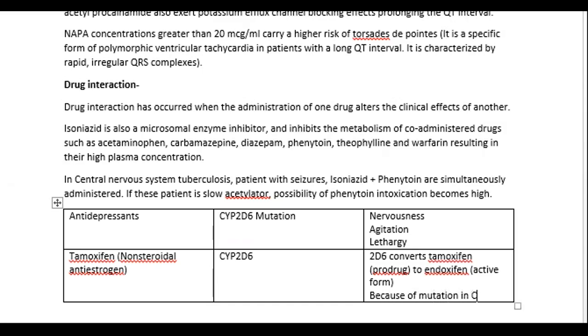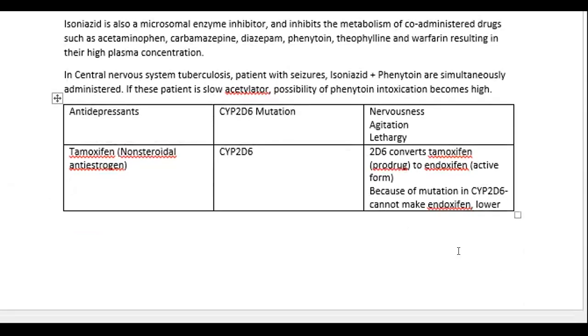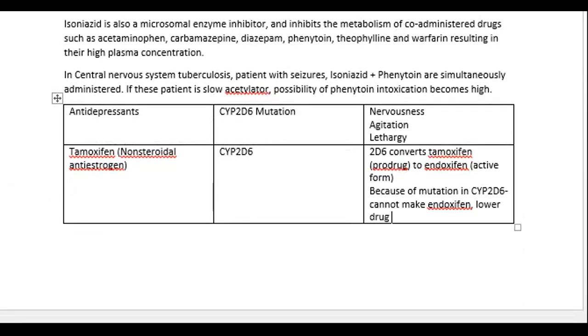Thus there is a decrease in recovery from the breast cancer.